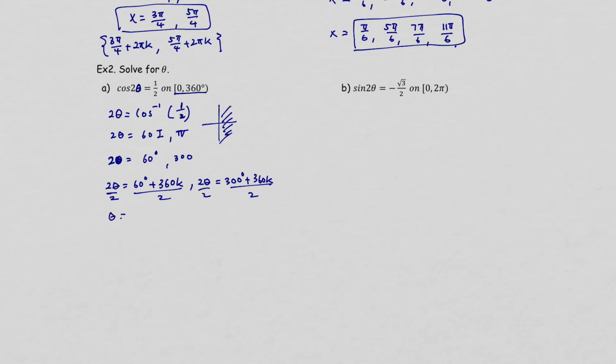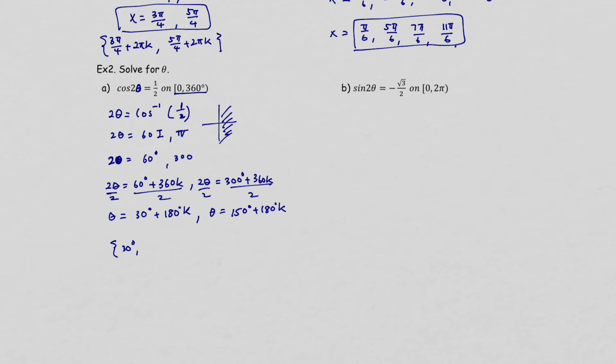Then you get theta equals 30 degrees plus 180 degrees K. And same thing on this one, it will be 300 divided by 2, so it will be 150 degrees plus 180 degrees K.